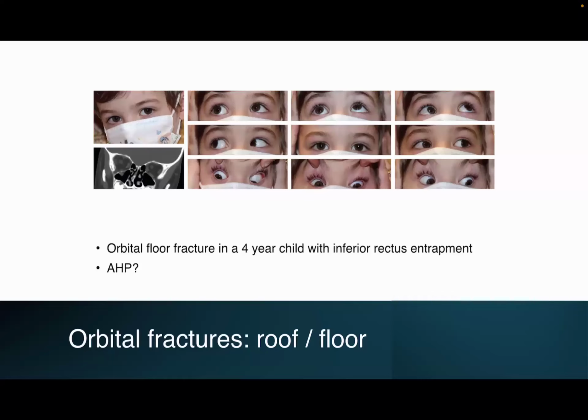I want to hear a word, Dr. Abdurrahman. I want you to label this fracture. Can you tell me the name of this fracture? It has a particular pathognomonic name in orbital fractures. The name of this floor fracture. It has a pathognomonic characteristic name. Anybody can tell me what's the name of this?